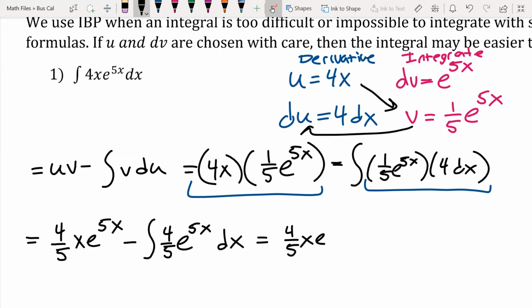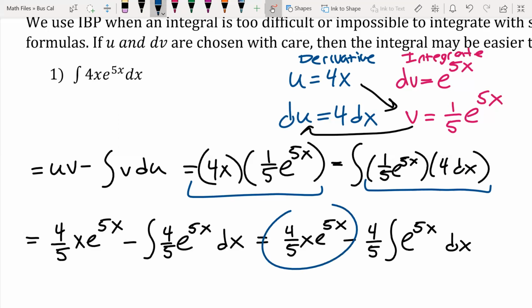4/5 x e to the 5x minus, and I'm going to take out that 4/5 and multiply it by the integral of e to the 5x dx. Okay. We are all set. The first term is good. All we have to worry about is now finding the antiderivative of e to the 5x again.